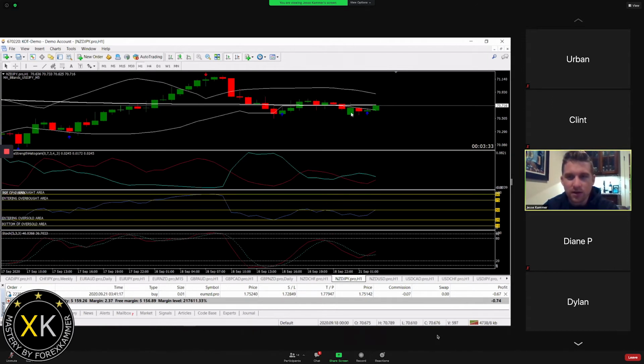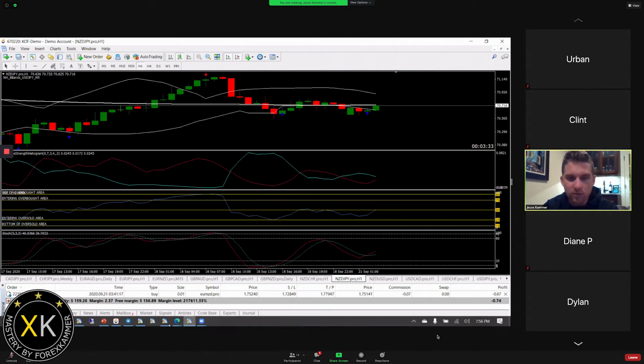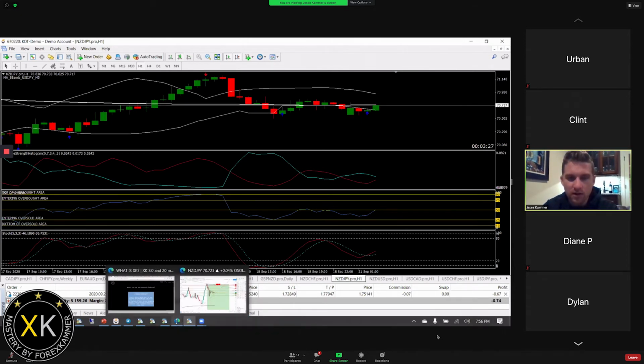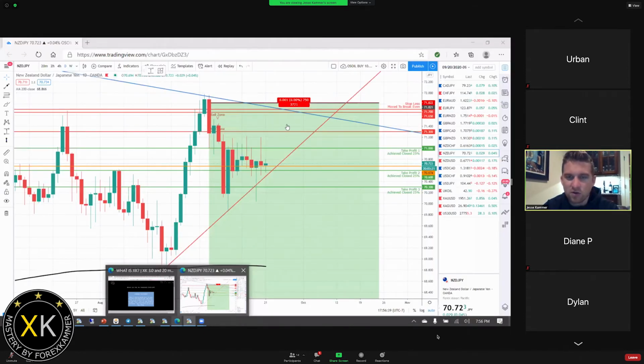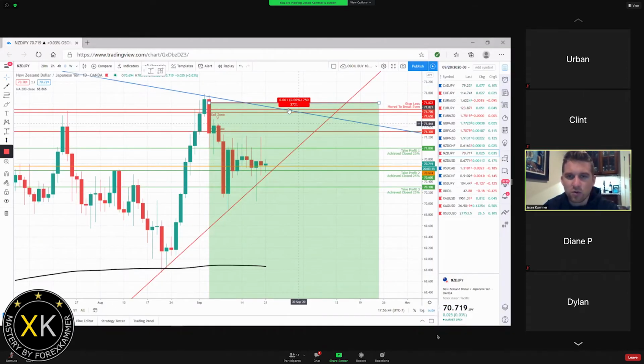We're just looking like we should see NZD JPY kind of push up. So there definitely will be, I think, more than likely a re-entry on this. Maybe we'll come back up to our sell zone and we'll be able to get short again when it enters my sell zone.